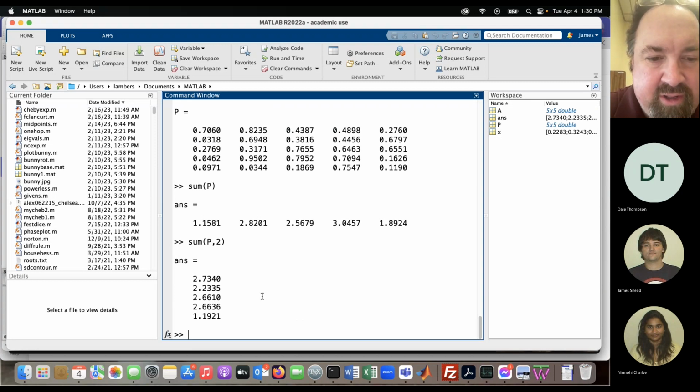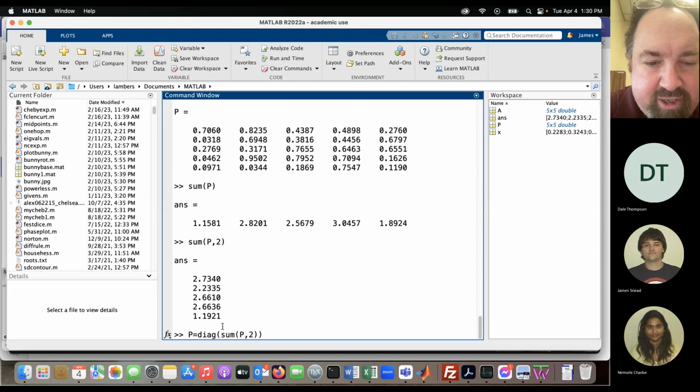So here's what I can do. I need to divide each one of these rows of P by its row sum. So I'll get that row sum, and then I will make a diagonal matrix from those row sums.